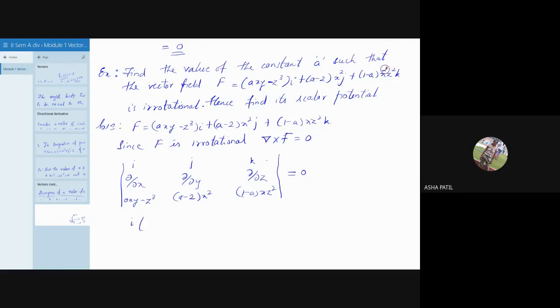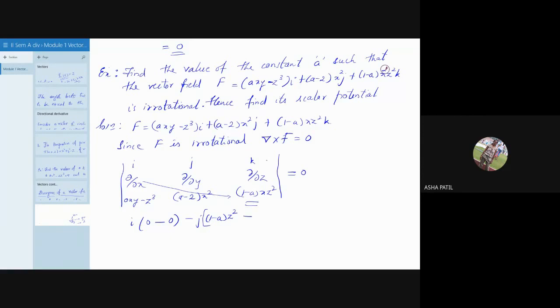Expand it: i into dou by dou y of this term, no y term at all, derivative is 0, minus dou by dou z of this, again there is no z term, it becomes 0. Minus j, leave the row and the column containing these two: derivative of 1 minus a into x z square with respect to x. 1 minus a is constant, z square is constant, derivative of x with respect to x is 1.